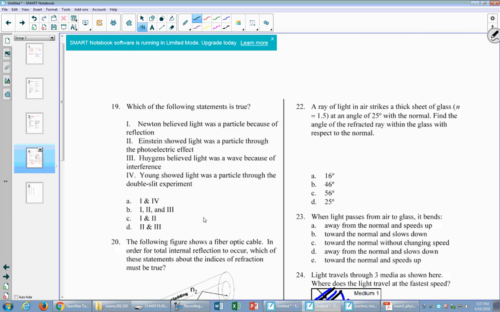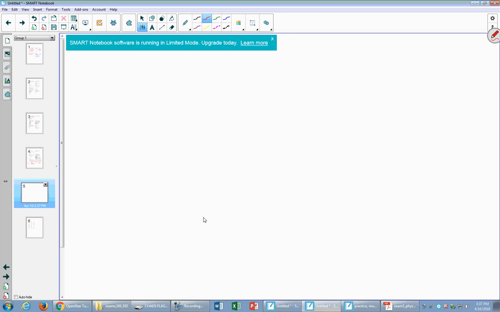For the light stuff, the mirrors, I want you to know what positive magnification means. That's upright. Know what negative magnification means. That's inverted. Know what positive Q means. That's a real image. And know what negative Q means.